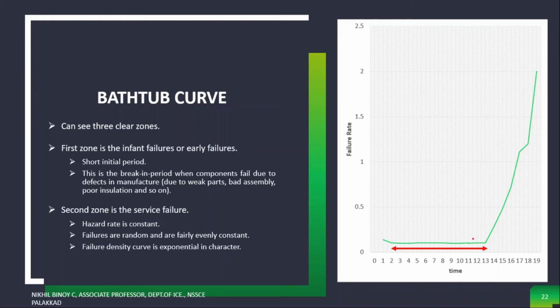Why? If you are providing periodic service, we can reduce the value of this constant failure rate, and we can increase the period of this service failure zone. Please note here the failures are random and evenly constant.